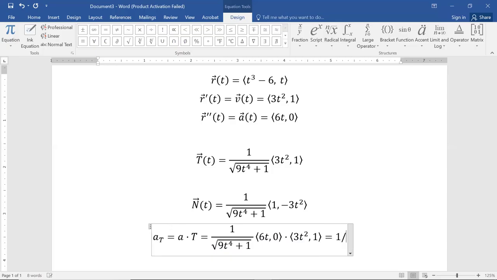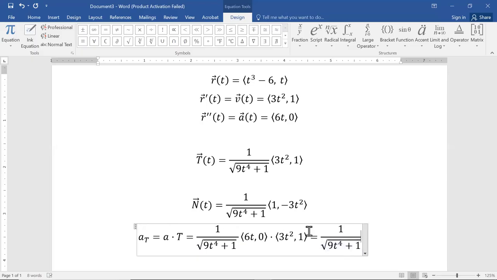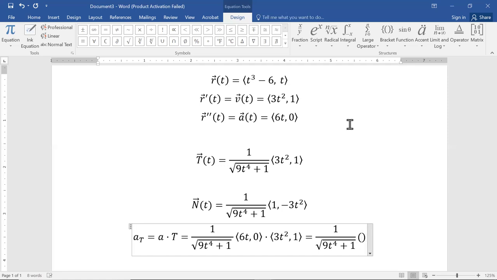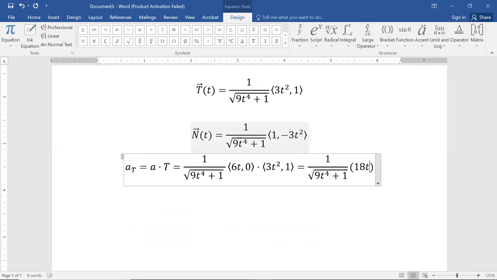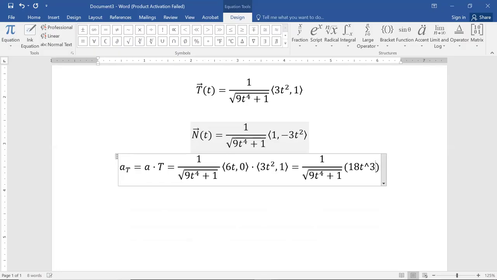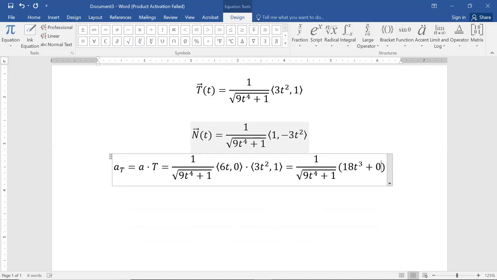And so we get 1 over the square root of 9t to the fourth plus 1 times, well, when I take 6t times 3t squared, I'm going to get 18t to the third. And when I take 0 times 1, I just get a 0.